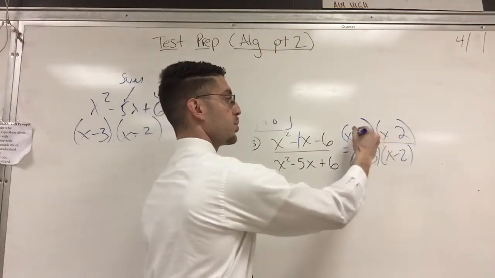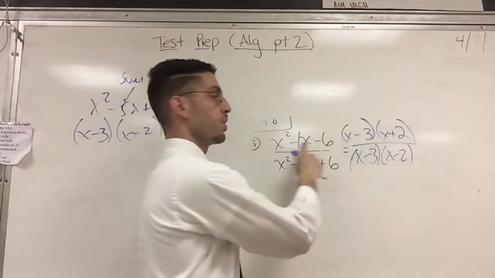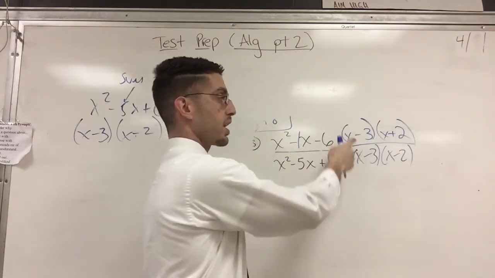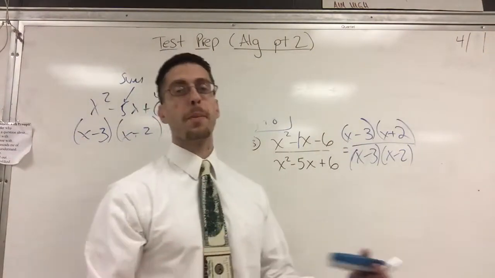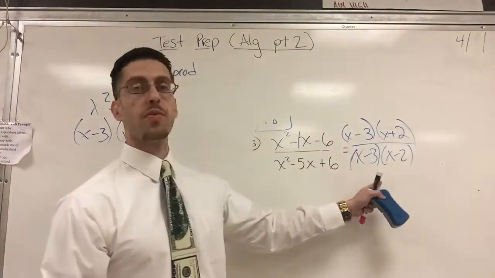Negative 3 times 2 is negative 6. Negative 3 plus 2 is negative 1. So you like how I did that? So that's kind of new to you, but the concept is still the same as long as you're comfortable with the signs. So this is your final answer.